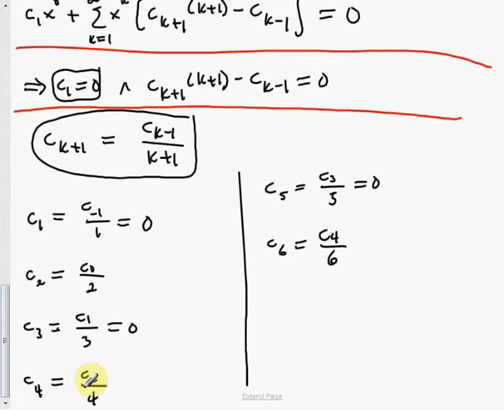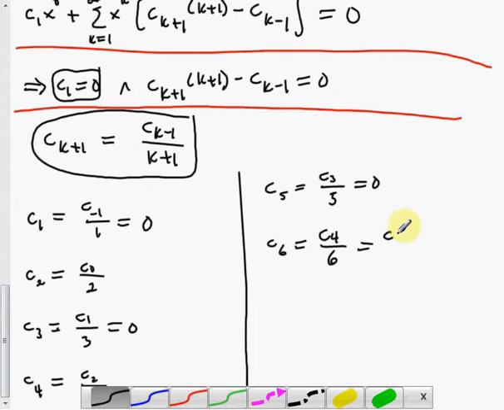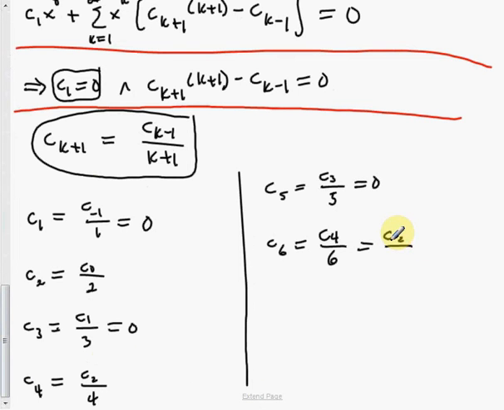We had c sub 4 from back here, and so this is c sub 2 all over 6 times 4.